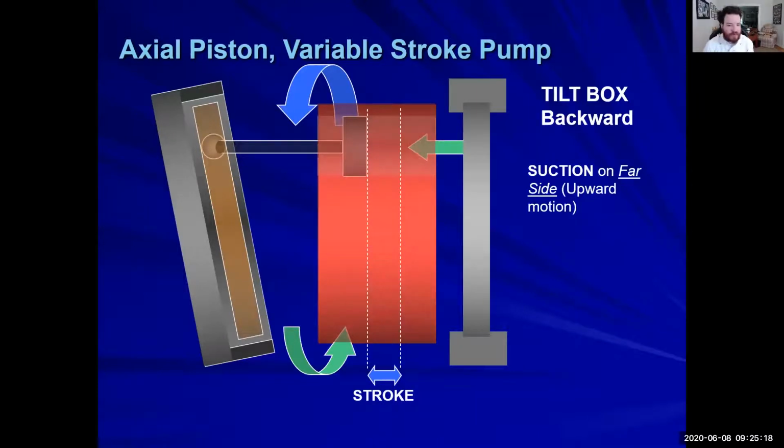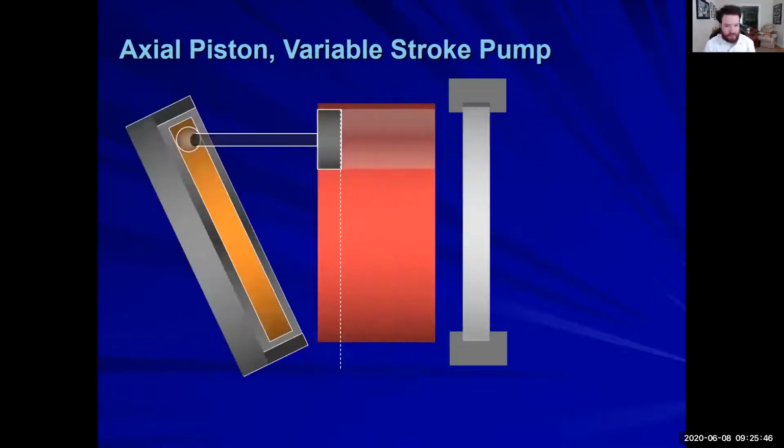Now, when we go on to the other side, the suction side, same thing again. This position is now sucking in fluid on the other side. As it comes back up, it's going to be rotating. As it rotates laterally, the piston's going to move backwards from what it was, and it's going to be sucking in fluid.